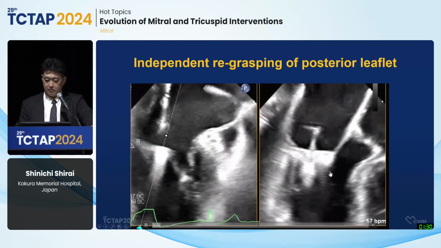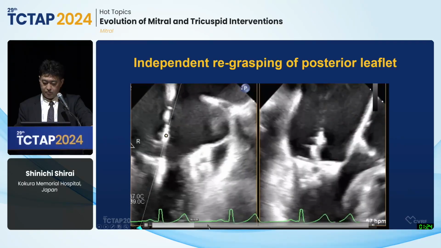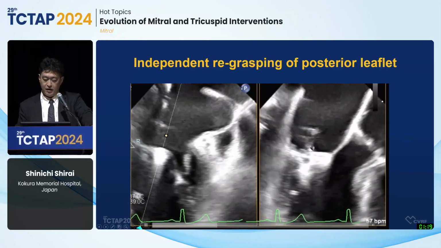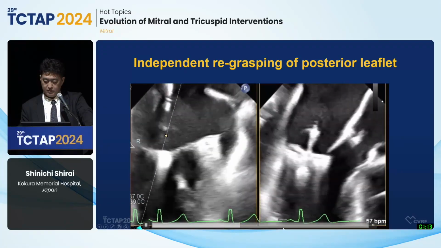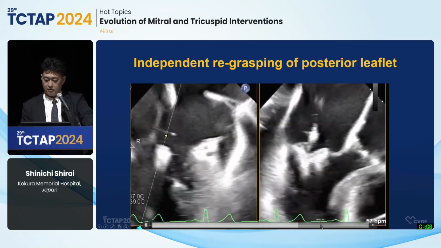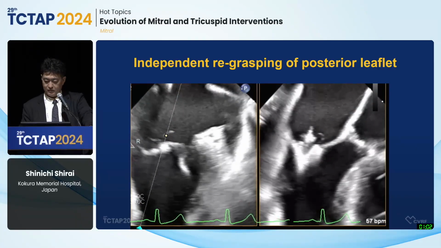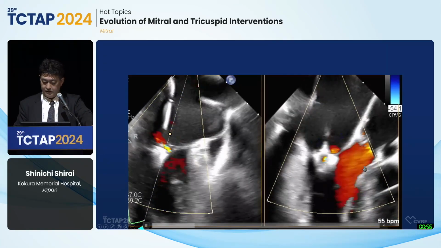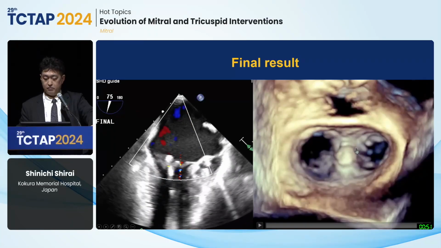Then independent re-grasping of the posterior leaflet side. Opening, posteriorly toward, and then down the grasping, and closing the paddle. And this is just after the grasping. And this is the final result after detaching the paddles.